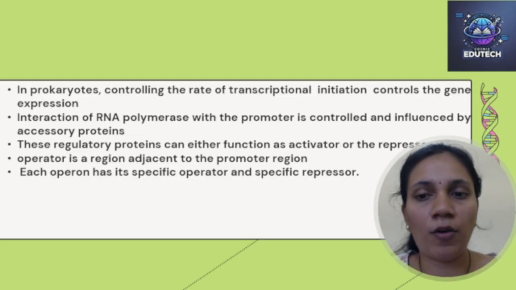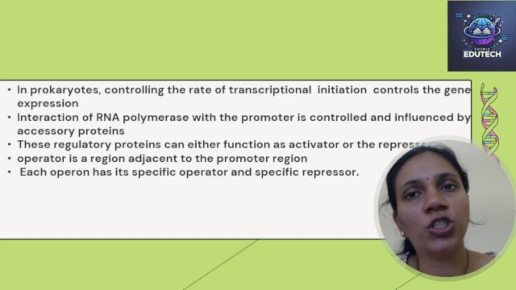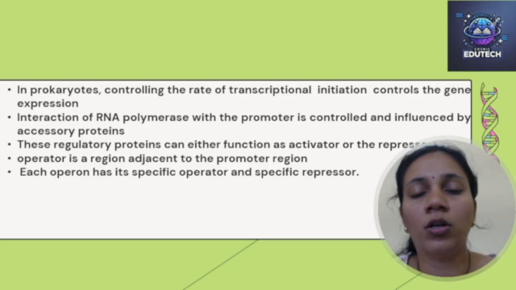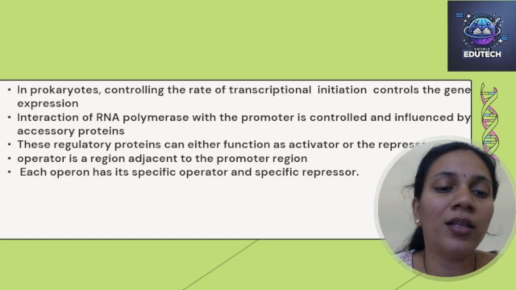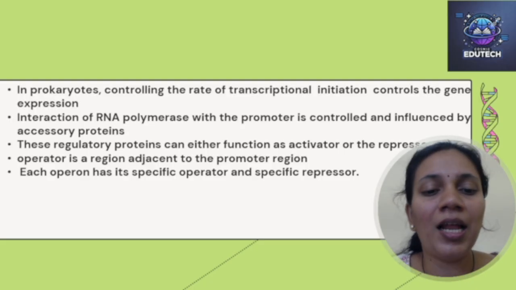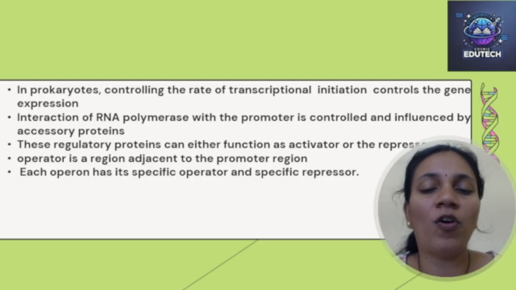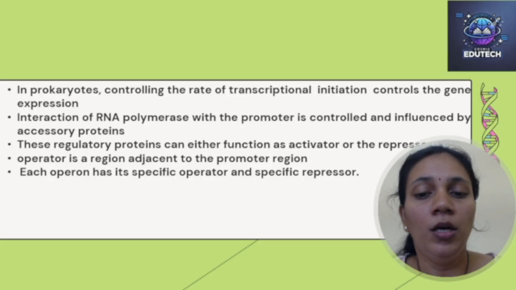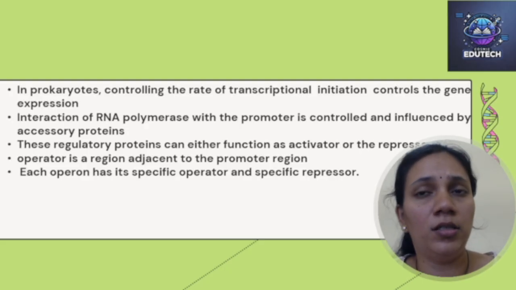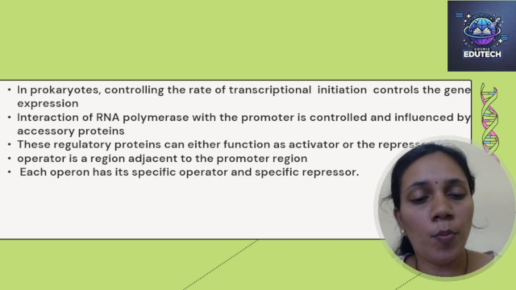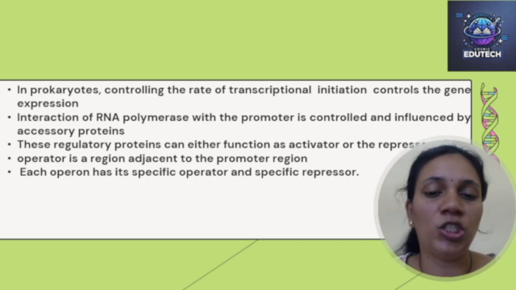This way we have the operon model. An operon is a functional unit consisting of functional genes that are transcribed together to form a single mRNA that codes for multiple proteins. All the genes in an operon are normally regulated by regulators, operators, promoter, and a structural gene.